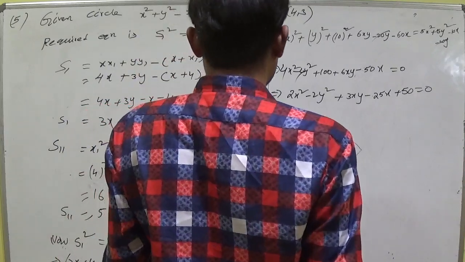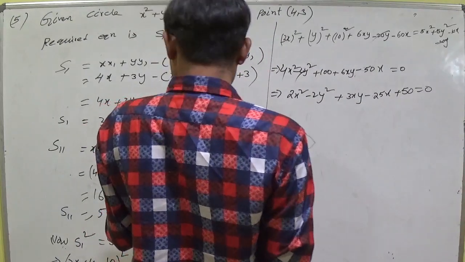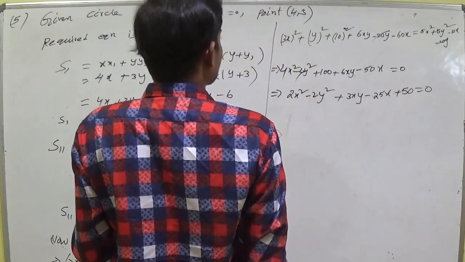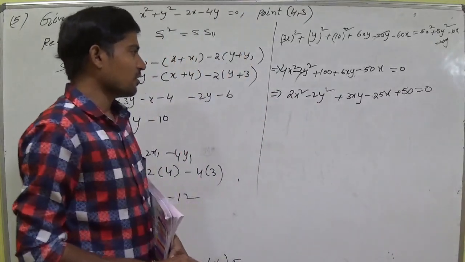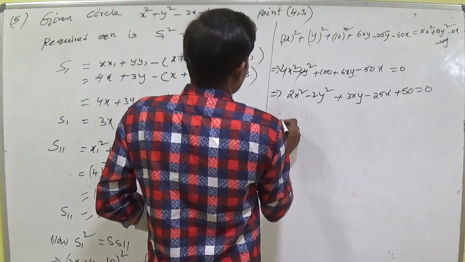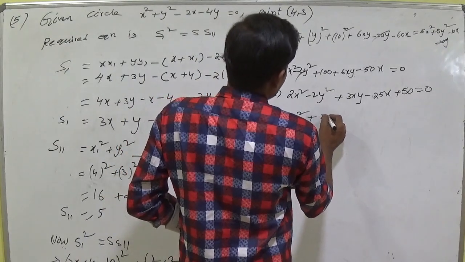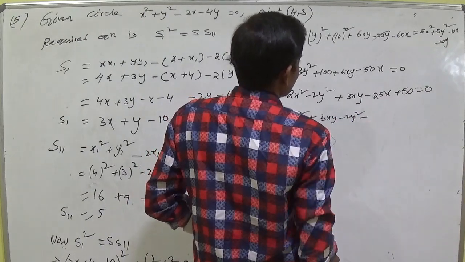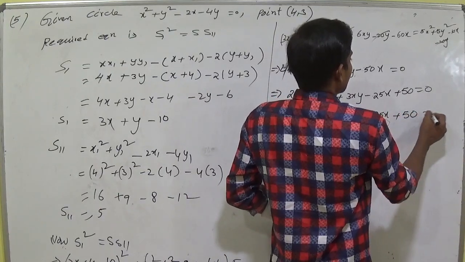So 4x square minus 4y square, 50x, 6xy plus 100 equal to 0. Written like that only. Either one is correct. Let us arrange: 2x square plus 2hxy, meaning 3xy, minus 2y square minus 25x plus 50 equal to 0.